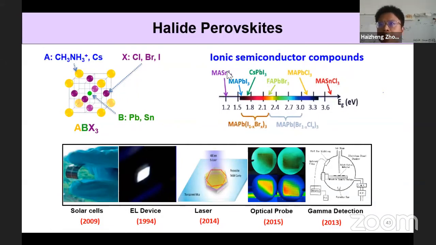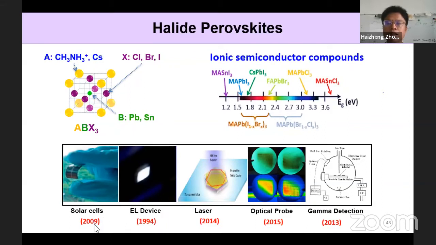So by varying the halides, the perovskites cover the whole range of the visible region. Halide perovskites have been well known for about 100 years, but they only entered the field of the semiconductor industry in the recent 10 to 12 years.